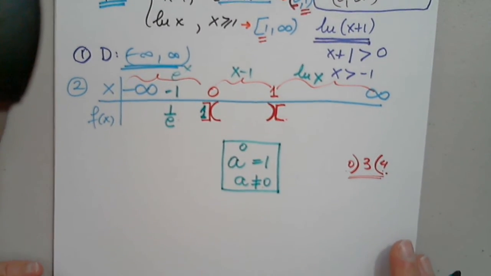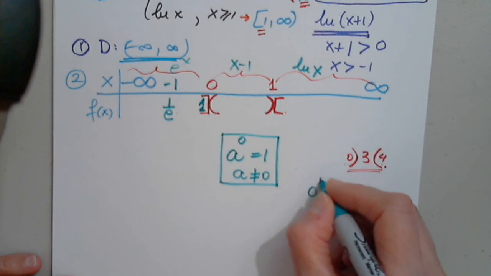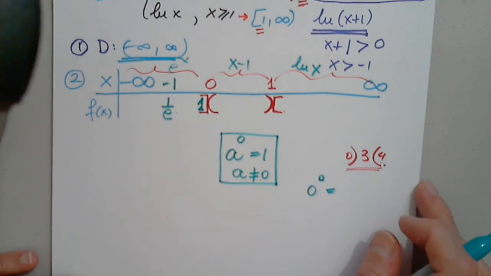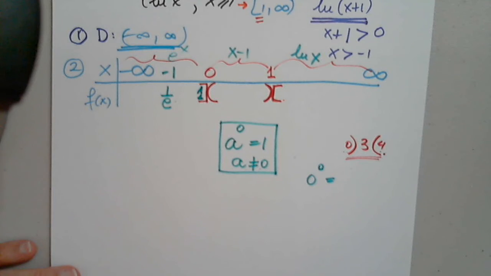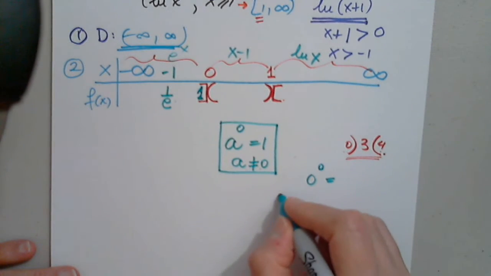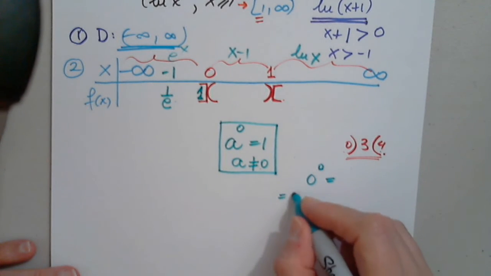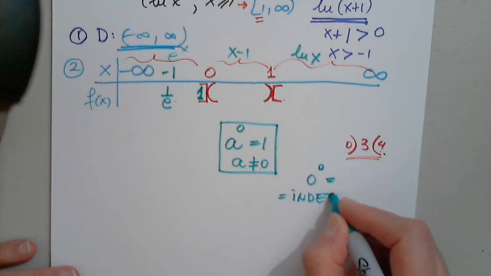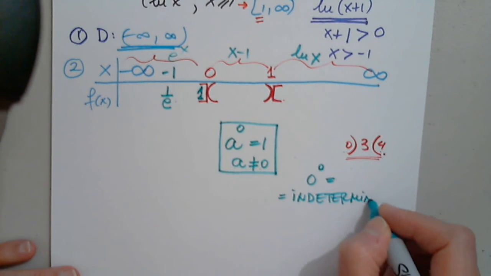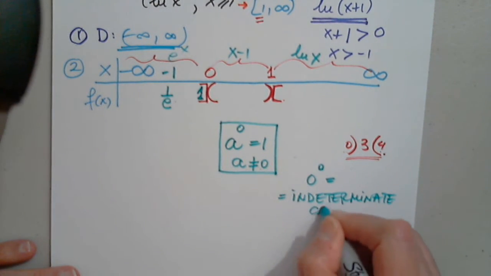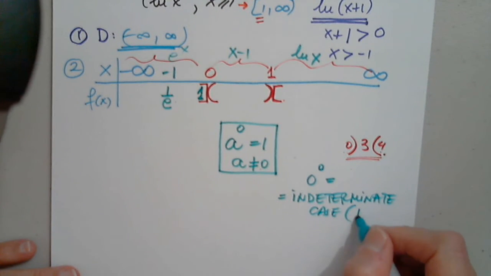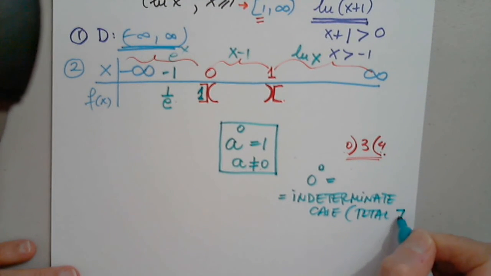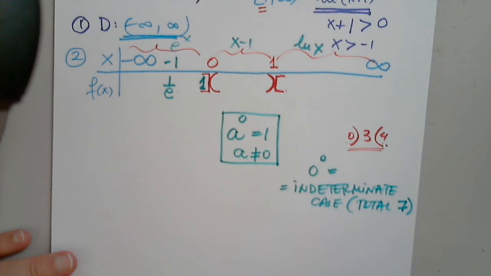So please remember that. 0 raised to 0, it's a very important situation. We're going to talk about all of them. It's called not undefined, indeterminate case. And they are a total of 7. 7 indeterminate cases. This is one of them.